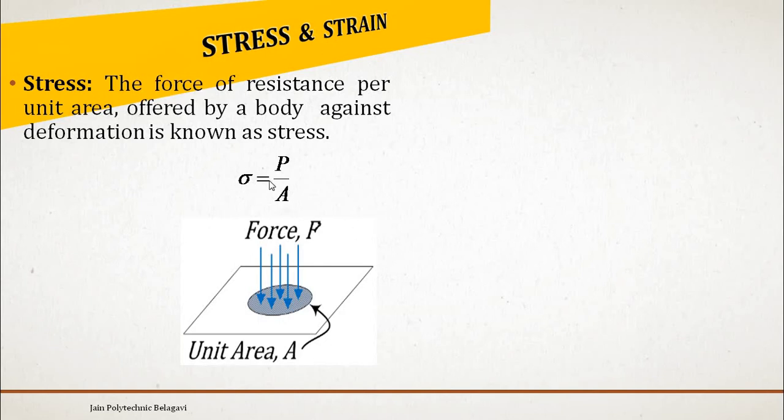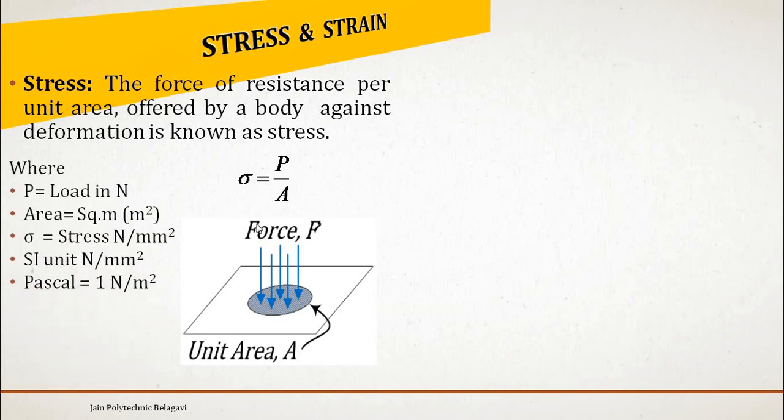It is nothing but resisting force per unit area perpendicular to the surface of the body. These all forces are perpendicular to the surface of the body, so you can say restoring force per unit area.